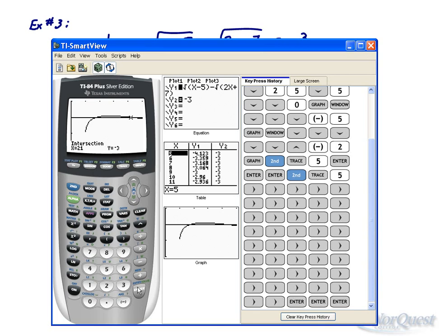Students that don't like to mess around with window settings as much tend to like to use the zero feature. My suggestion, try to get comfortable with both so that when you see questions that you can't get one way, try the other. It's really important that you know how to solve graphically. It'll save your bacon in a lot of questions.